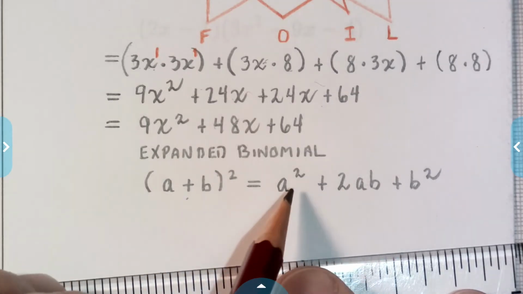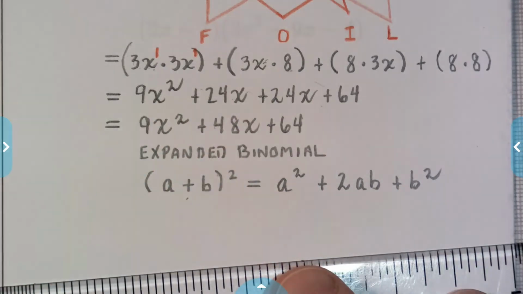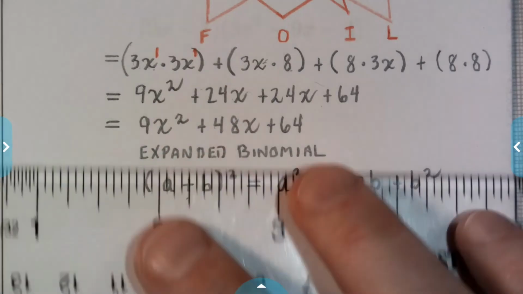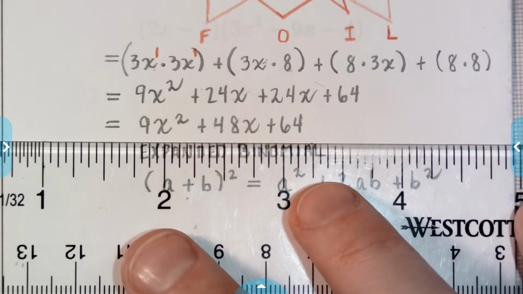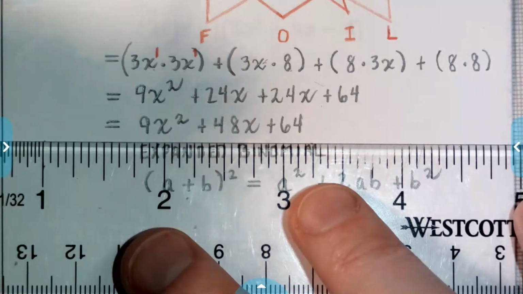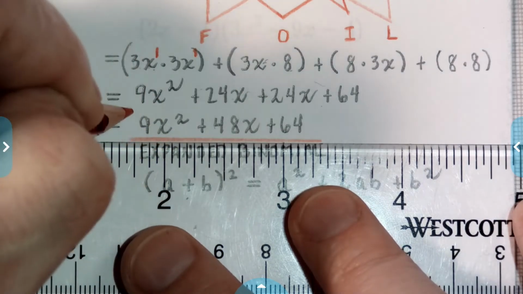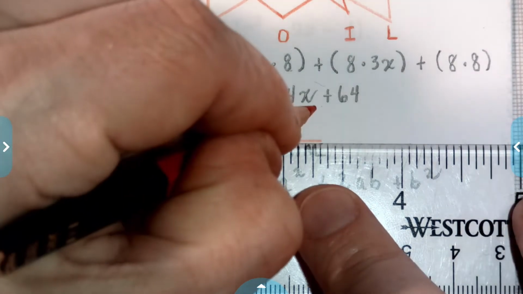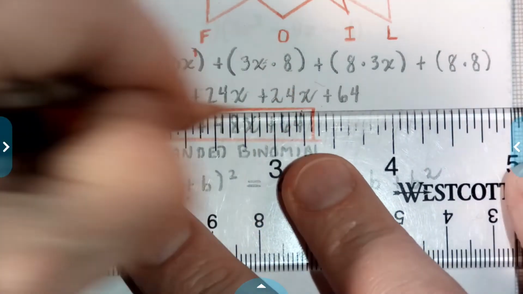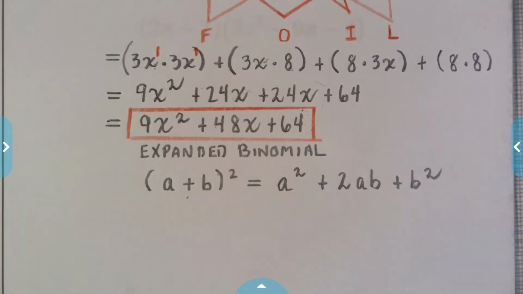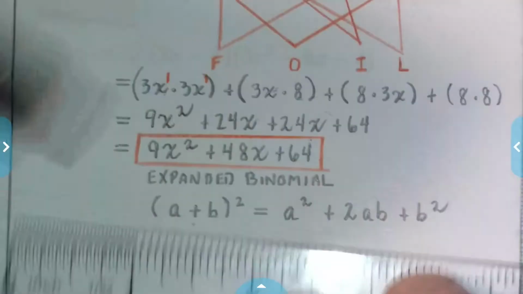But it's a squared plus 2ab plus b squared. So that's a good way to check and see if you got it right. So this is the answer. But this is super useful.